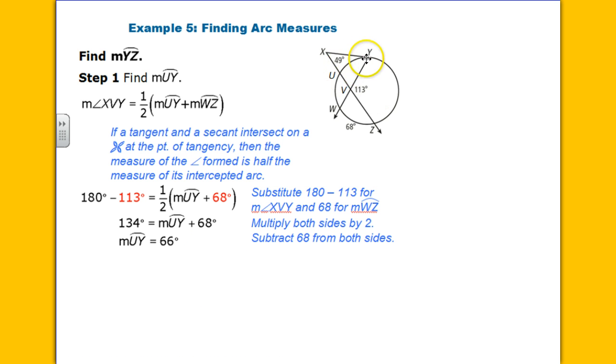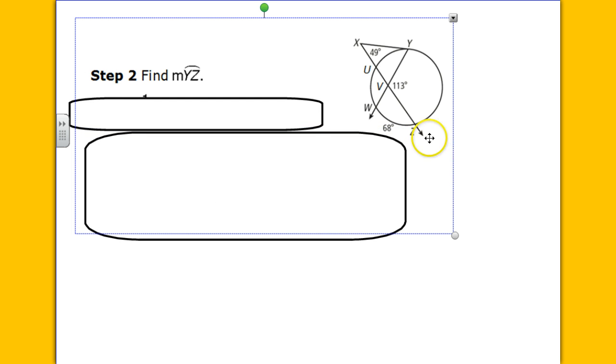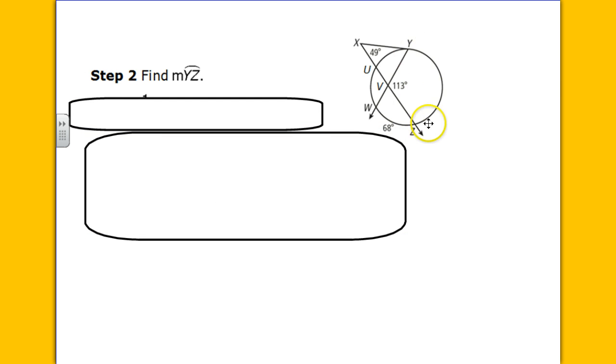But the question is, what is YZ? Well, UY is 66. Okay, so again, YZ, this arc out here, is related to UY, and that XY and XZ are meeting at this point out here, this vertex exterior.